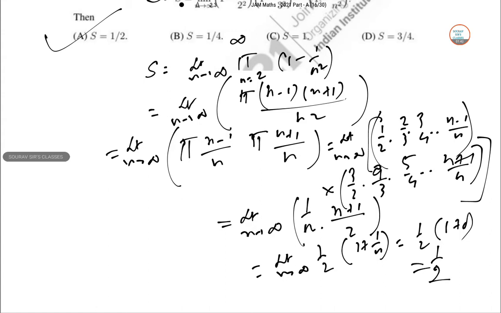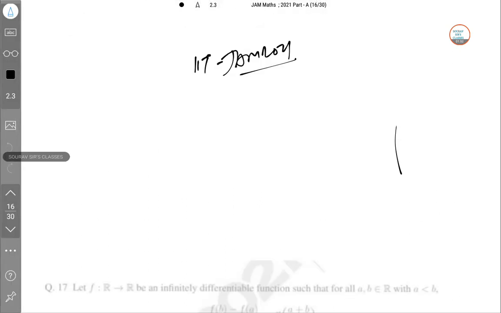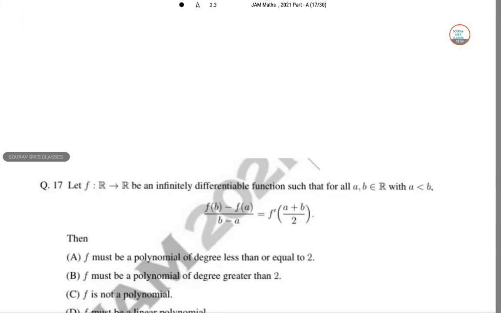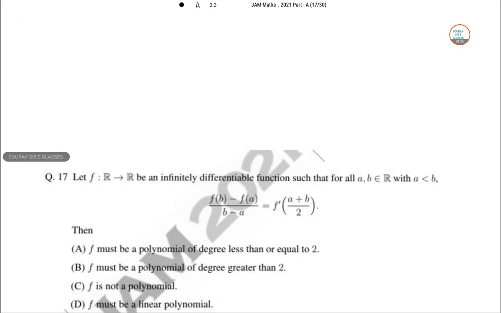Next, go to the 17 number question. Okay, let f of R and indefinitely differentiable function such that for all values of a and b, a less than b, this is the postulate. Then you need to guess the polynomial or not. If polynomial, then the direct form.